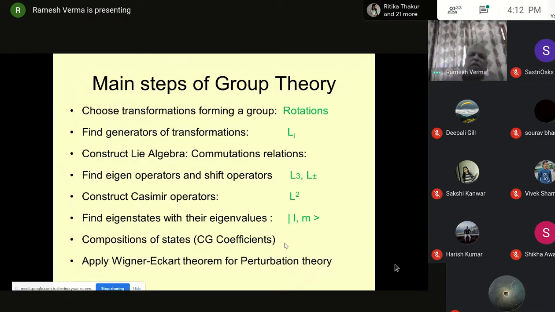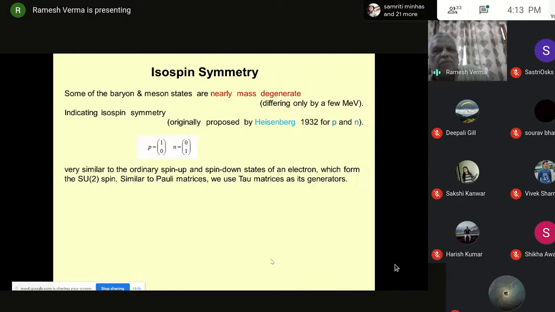All of us have learned the helium atom, where we know that two spin half particles can be combined together to generate spin 1 and spin 0 states, and spin 1 can be expressed as a combination of up, down, down, up, down states. Coefficients which appear in that are an example of CG coefficients which we use generally, and these CG coefficients ultimately are used in the Wigner-Eckart theorem for applying perturbation theory to different problems.